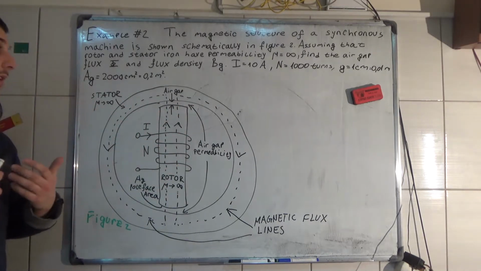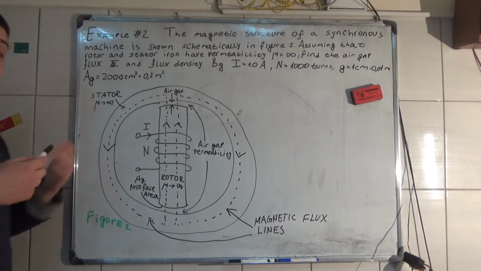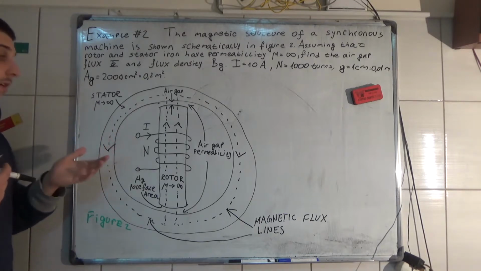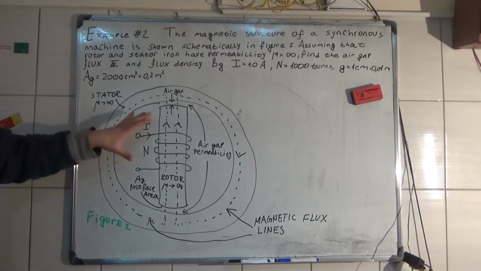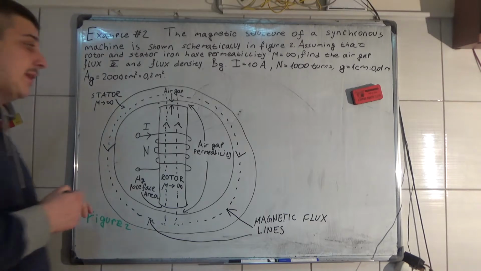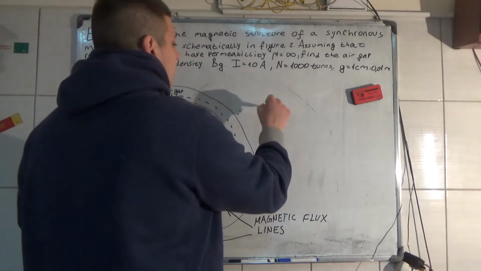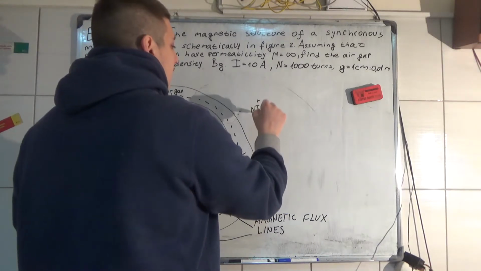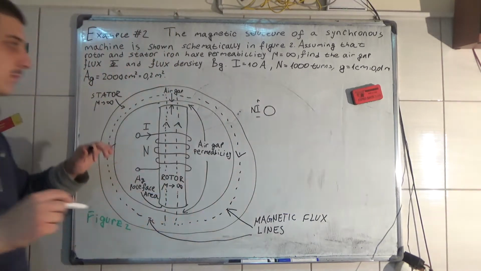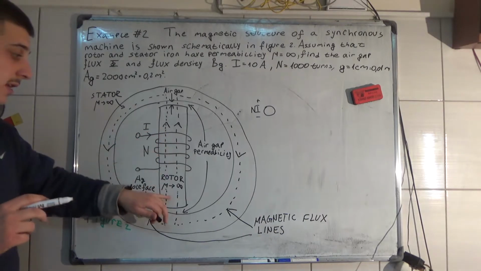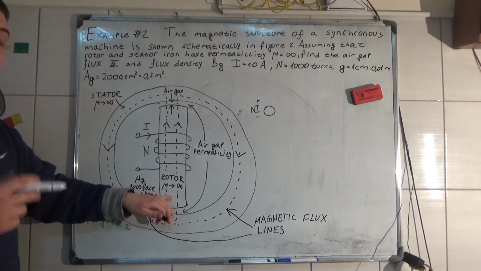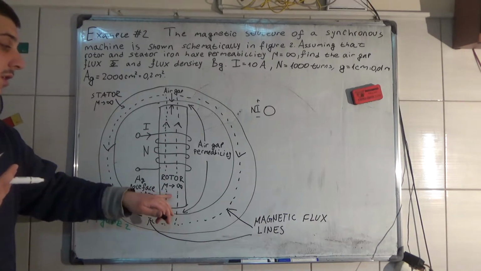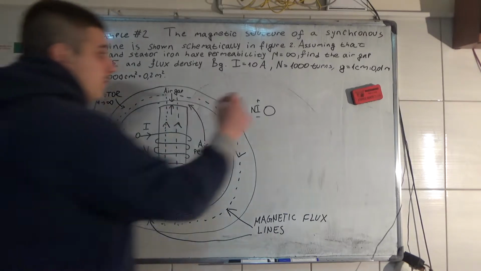So we can make a schematic for this magnetic circuit. We have a magnetomotive force Ni produced over here. Now, first we have the reluctance of the rotor.